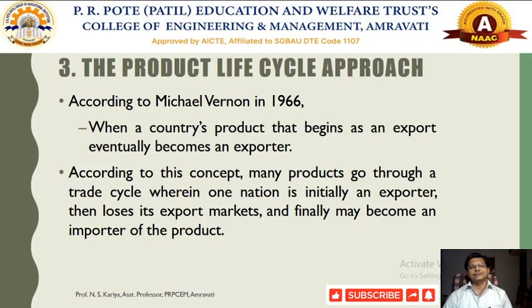So this was a very good example. Whenever a product reaches the growth and maturity stage in its own country, for example technological goods, laptops, computers, according to this concept many products go through the different stages of the life cycle.